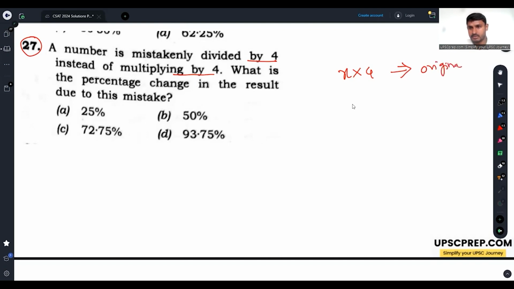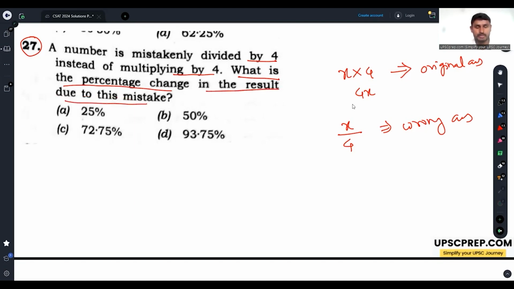Which is, let's say, 4x. Okay, but what has happened? You mistakenly divided that number by 4 instead of multiplying. So this is the wrong answer that you have got. Right. So what they are asking, what is the percentage change in the result due to this mistake? Okay, we have to find out the percentage change due to this mistake.